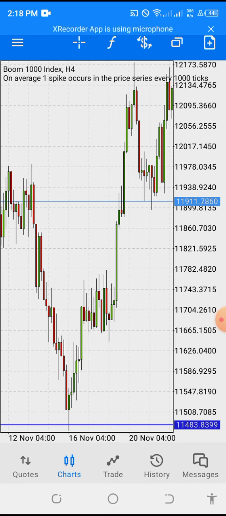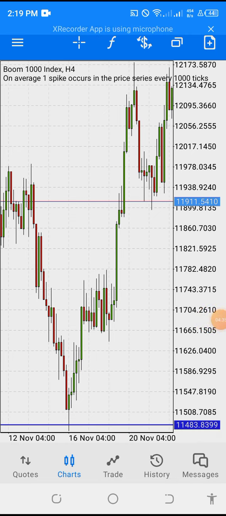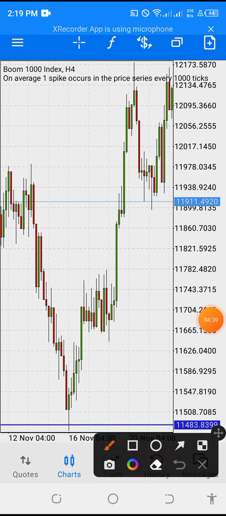What you do is very simple. When price gets to this level, you wait for a reversal candlestick pattern. Please, very important. A reversal candlestick pattern, maybe a doji, a pin bar, or a long wick candle like this one. When you see this long wick candle, you wait for a bullish momentum candle to show you that price is going to move up.